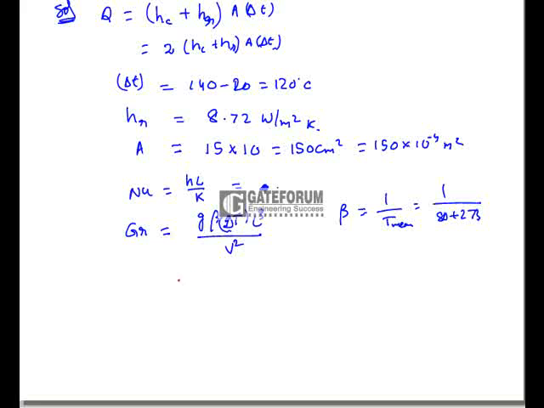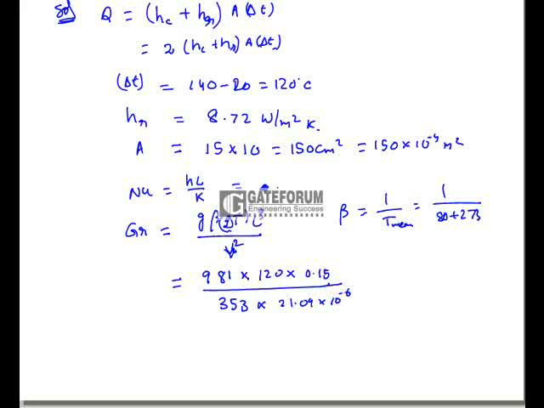Now all values are known. g is 9.81, delta T is 120, L is 0.15 meters, beta is 1 by 353, and nu is 21.09 into 10 power minus 6.